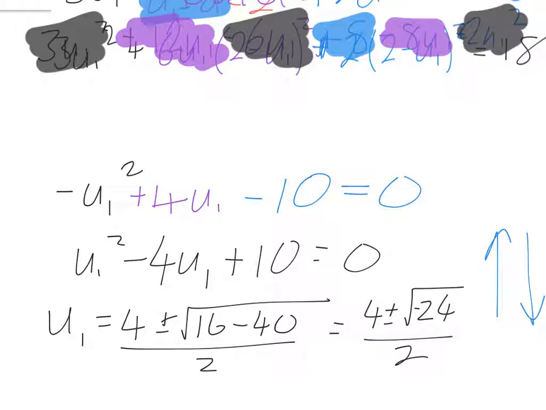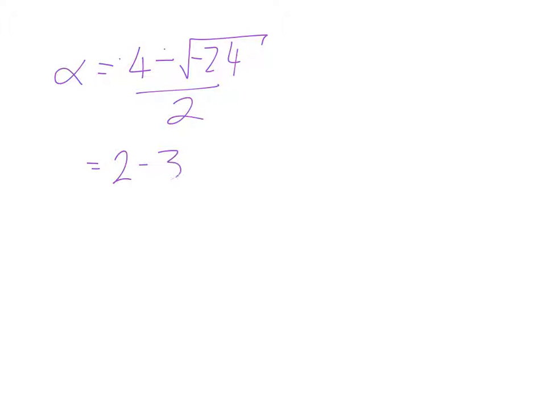And beta, this third root, we already showed was 2. So we've got alpha equals, without loss of generality, 4 minus, let's say, the square root of minus 24 over 2, which we can simplify to 2 minus 3i.